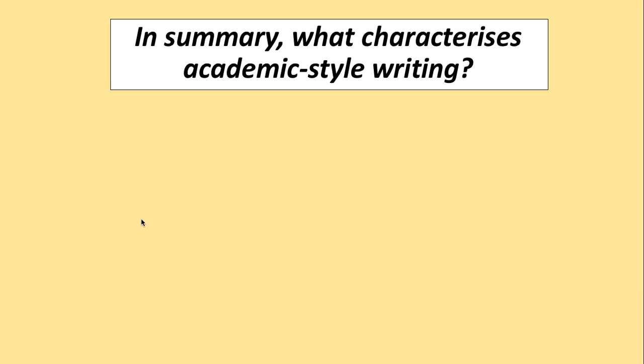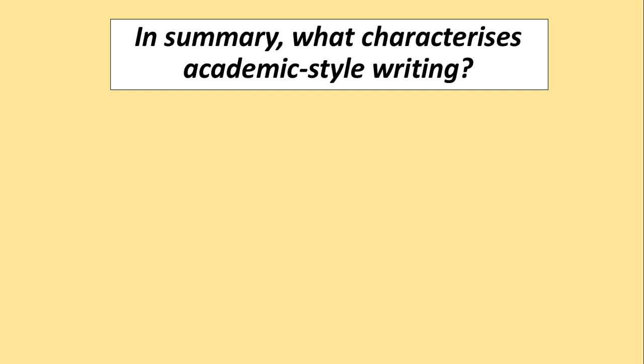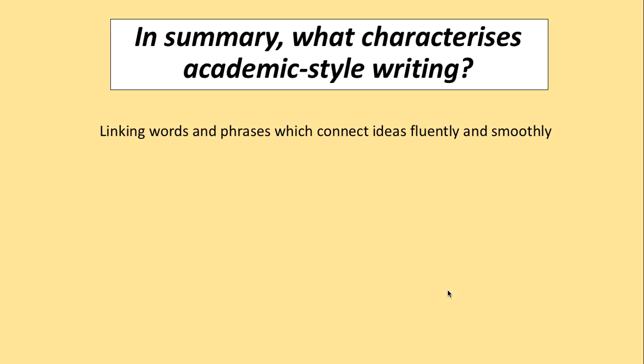So in summary, what characterizes academic style writing? Linking words and phrases which connect ideas fluently and smoothly, as we saw in the previous slide. Accurate grammar, punctuation, and spelling.